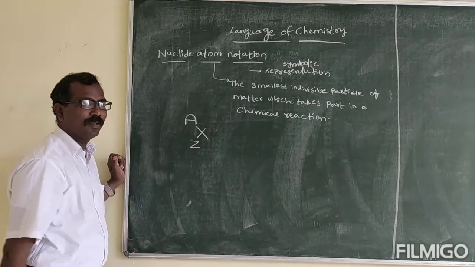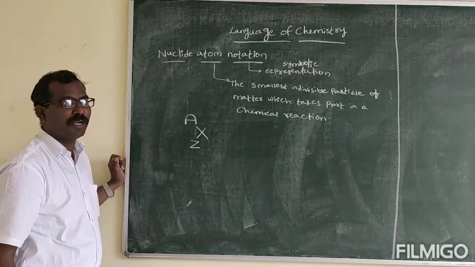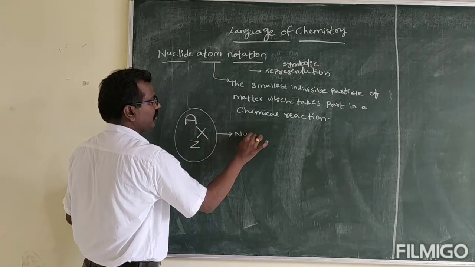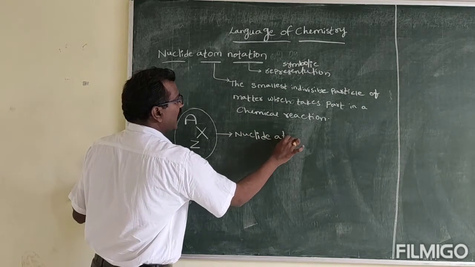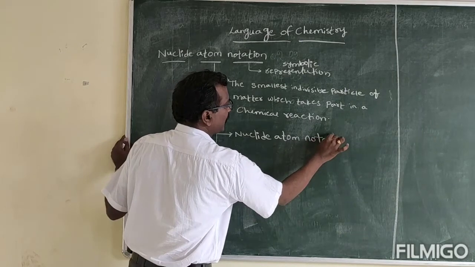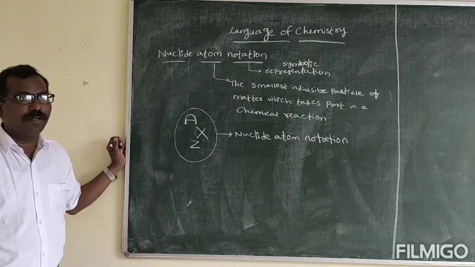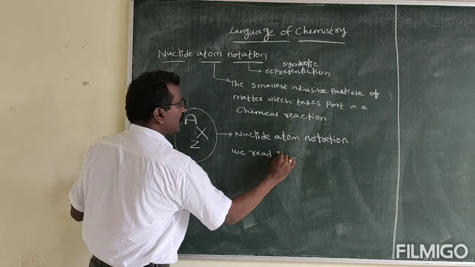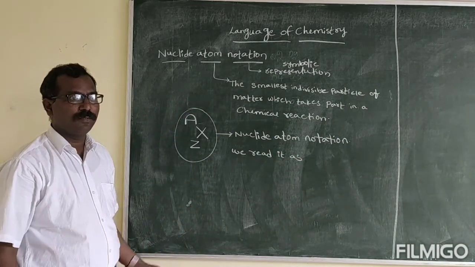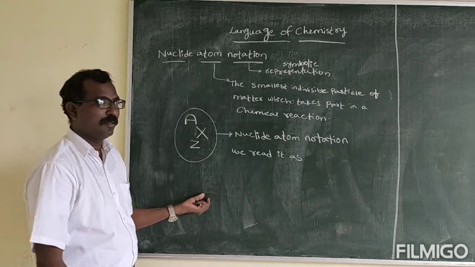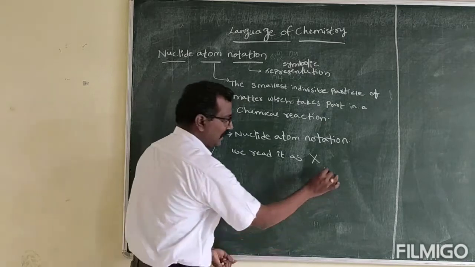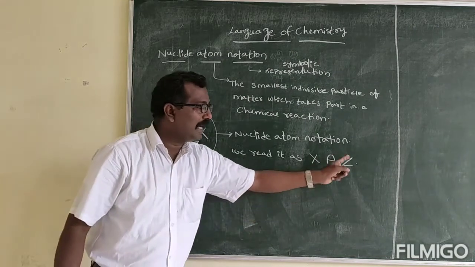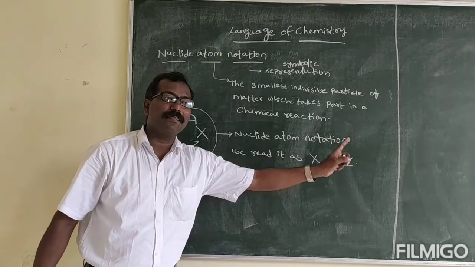X. So this X with A and Z is called as nuclide atom notation. We read it as X A Z.